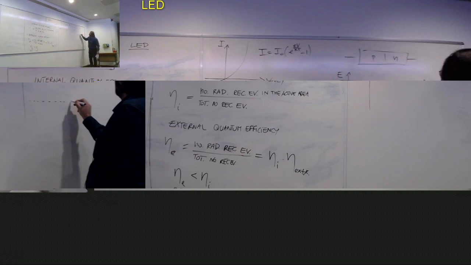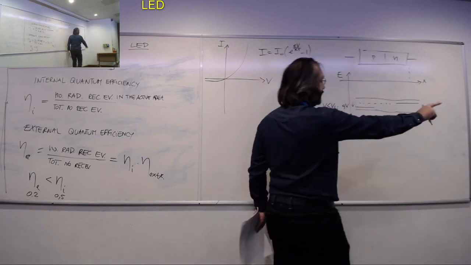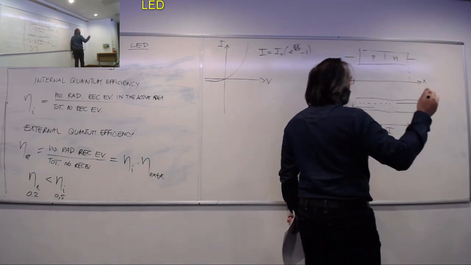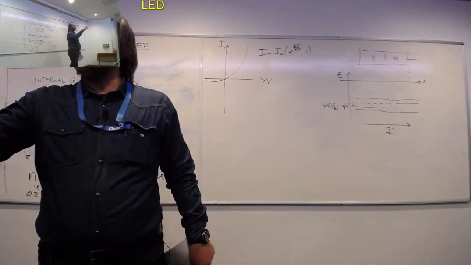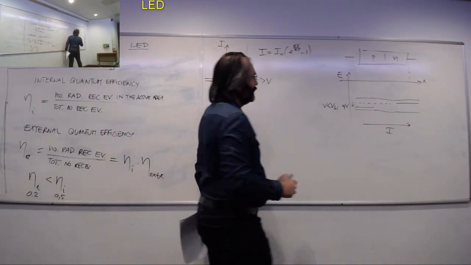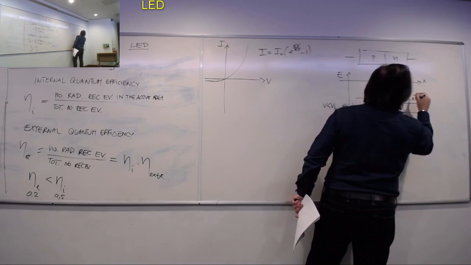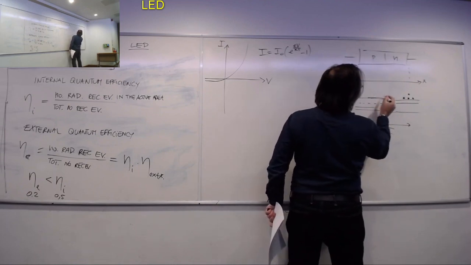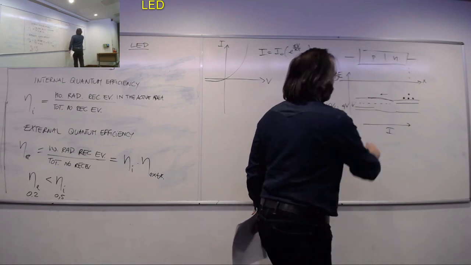Remember that in this situation, where we have a slight forward bias, V is still smaller than VBI, but we saw when we did the pin junction that there is already a current flowing that way. This situation is one of the intermediate ones we considered when we were trying to understand all the possible processes qualitatively. Here we have many electrons. There is a slight slope, which means there is still an electric field at this point.